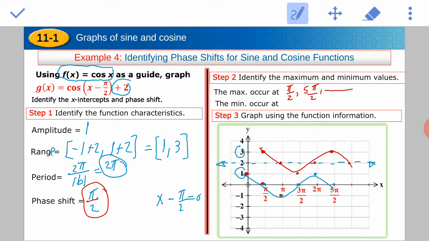It occurs at 3 pi over 2. And if you add one period, 2 pi, which is 4 pi over 2, it's going to be 7 pi over 2, and so on. You continue adding a complete period in order to get the x values where the minimum occurs.